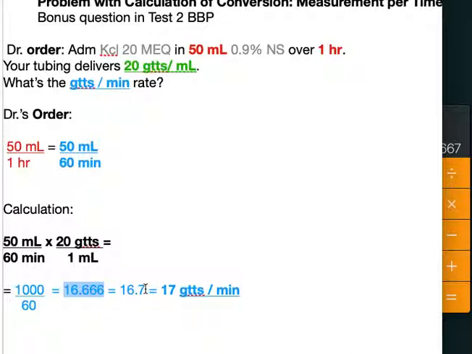Then we round 6, we'll round up. 6 again, we'll round up to 7. So any number that equals 5 or higher will round up. So we are rounding all of them up, and we'll get 17 drops per minute. This is our answer.